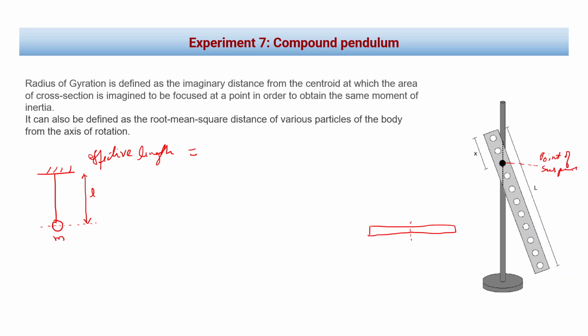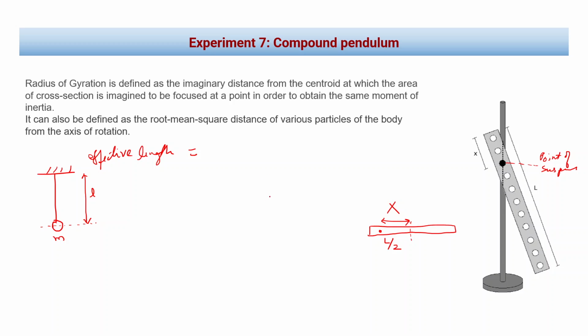So if we define the effective length as the distance from this point of suspension to the center of mass, then we may think that here also this whole length is L, which means this half will be L by 2. And if the point of suspension is somewhere here, then we may think that the effective length is the distance between the point of suspension and the center of mass. But that is not correct. This is not the effective length for a compound pendulum. Then we need to understand what that is.